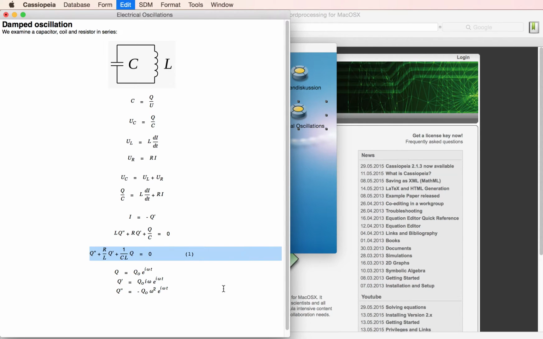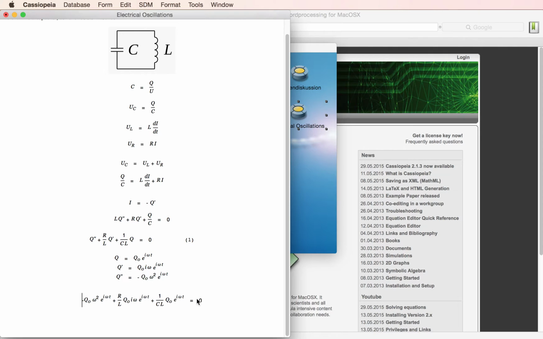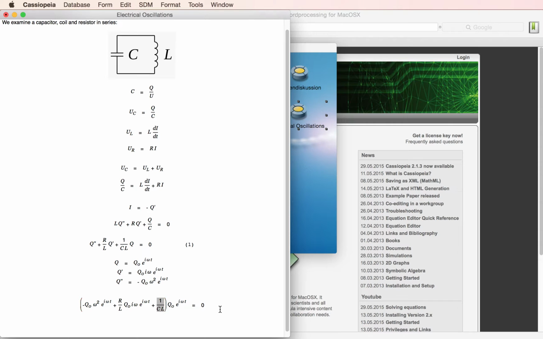Let's make a copy of this equation and simply drag the guys in. We can factor out these two factors. This one has to go, and this one.